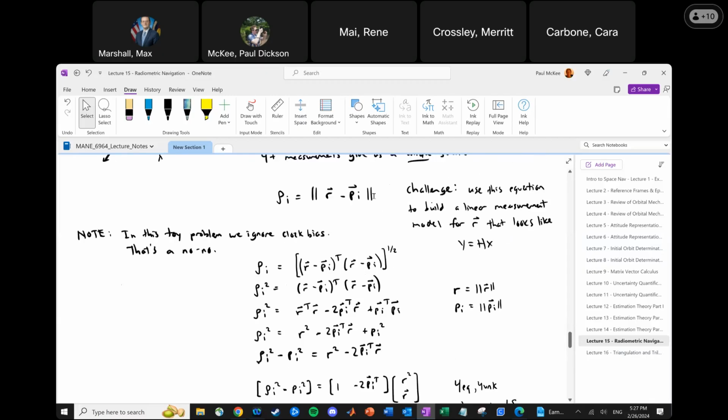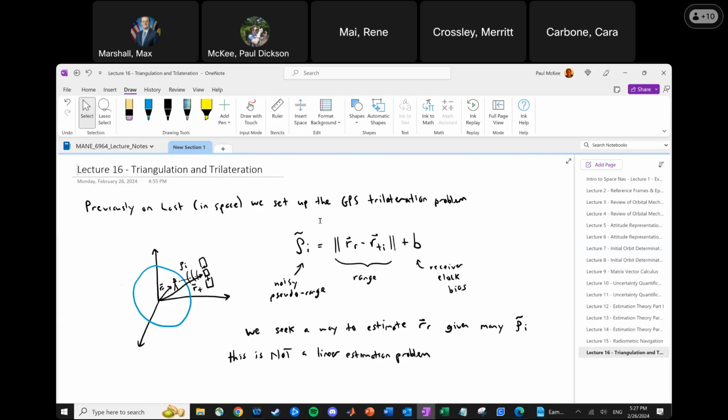And by simply adding a b, that's all we did. Now it looks like this. It's completely unsolvable using least squares, weighted least squares, or maximum likelihood estimation. Those are all out. We are now going to do some other things that we haven't learned how to do yet. This is not a linear estimation problem. Therefore, least squares, weighted least squares, and MLE are out.